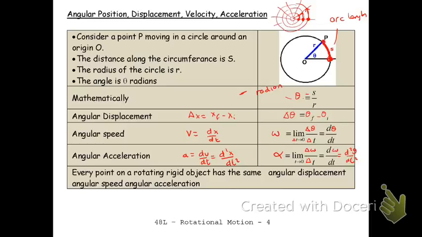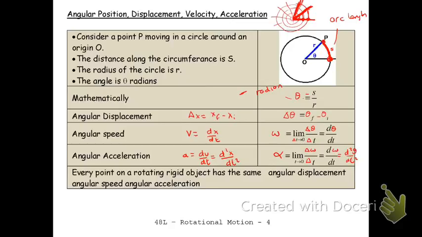But if I talk in angular terms, then every point here goes through the same angle in the same time. So every point on this pattern has the same angular velocity, and if it's accelerating, the same angular acceleration as every other point. Whereas if you try and do things using translational stuff, you've got to know how far you are from the middle, and then you've got to do some calculation to get what that is.